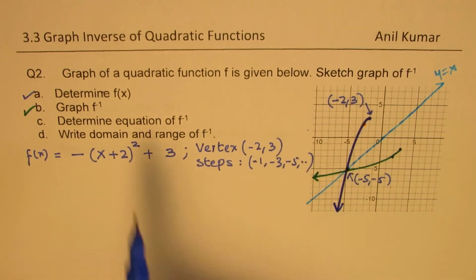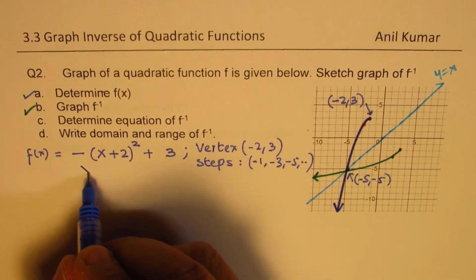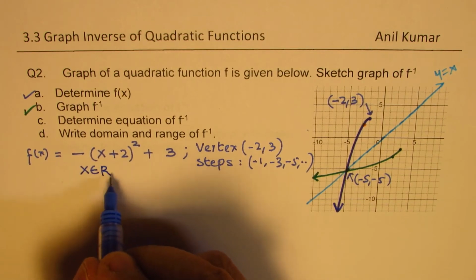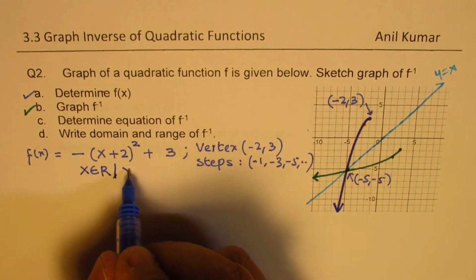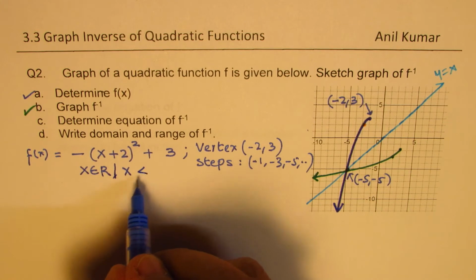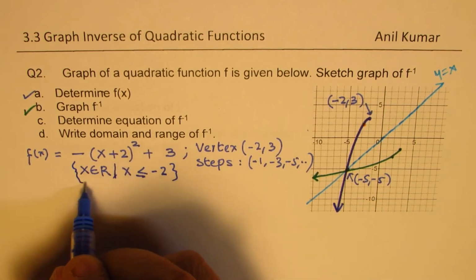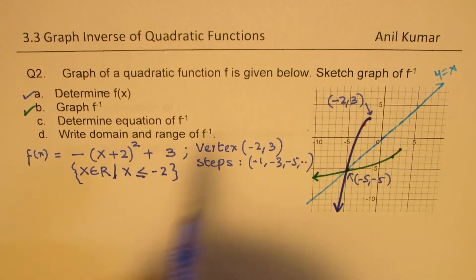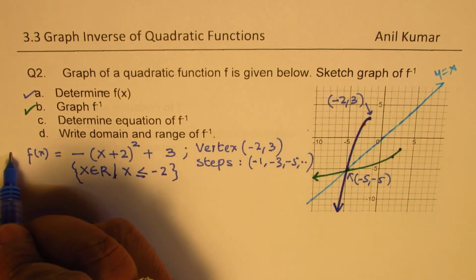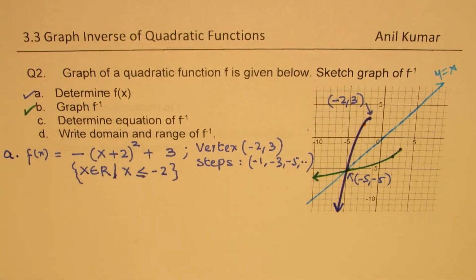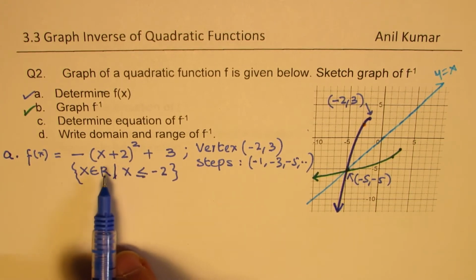So the x values here, we have to write x belongs to real numbers, where x is less than equal to minus 2. Now it becomes the equation of the function given to us. So now this is part A for us. Is that clear to you? Correct?